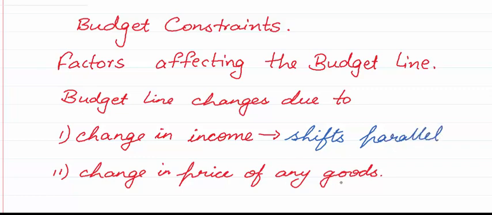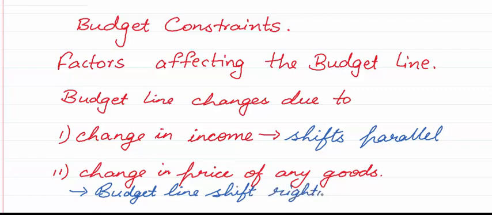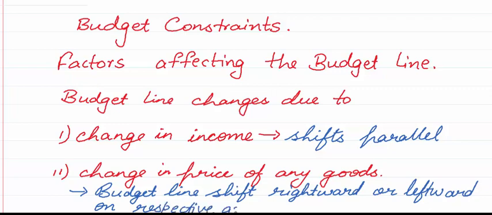Whereas if there is a change in price of any good, the budget line will shift rightward or leftward on the respective axis on which that commodity whose price has changed has been represented.